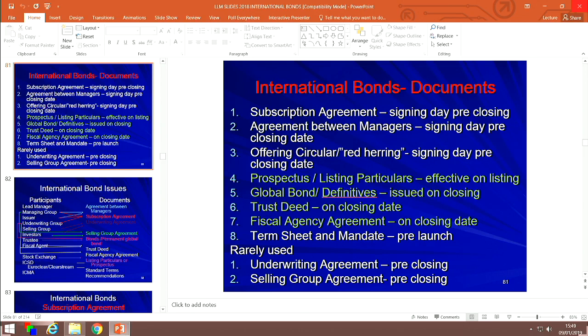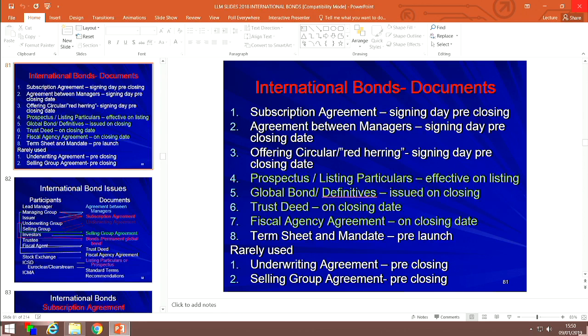It's theoretically in draft form, but as far as the lawyers and the investment bankers are concerned, it is virtually in final form. And as I said, that offering circular will be signed and submitted to the stock exchange on signing date. But it will not be effective until authorized and approved by the stock exchange. And that does not happen until closing date.